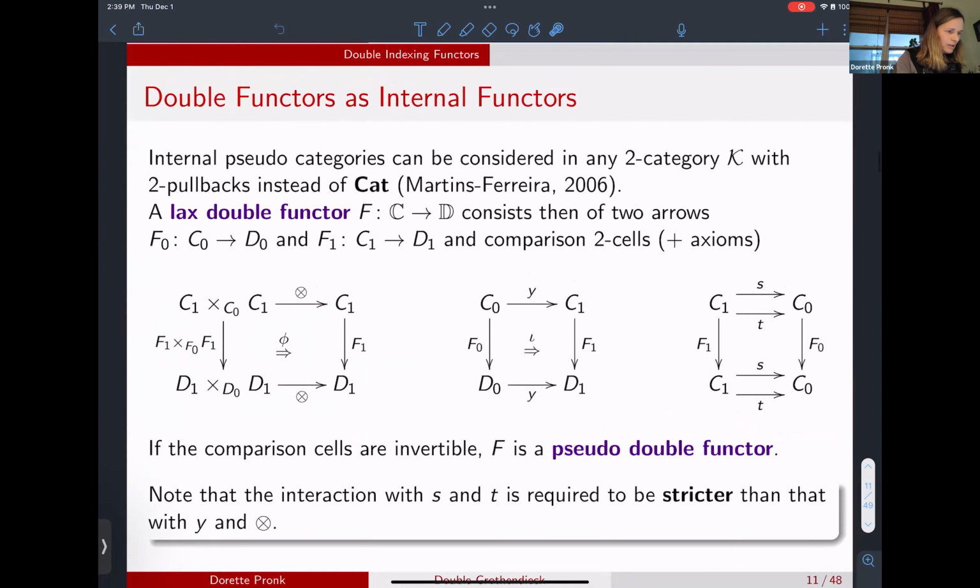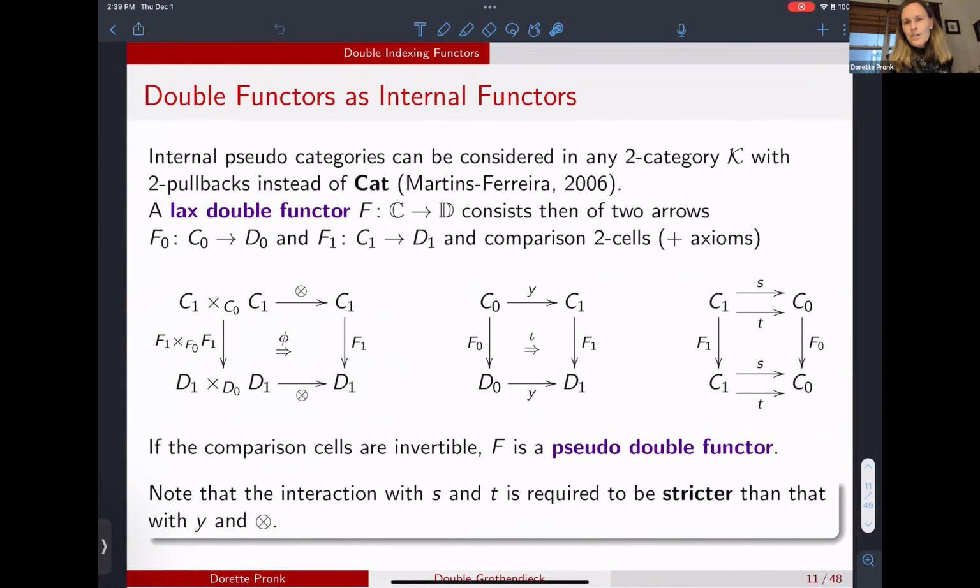Okay, now I am going to revisit double functors and want to point one thing out. Whenever we are looking at a two category K that has two pullbacks, instead of Cat, we can take Cat inside of K, and we can consider lax double functors.